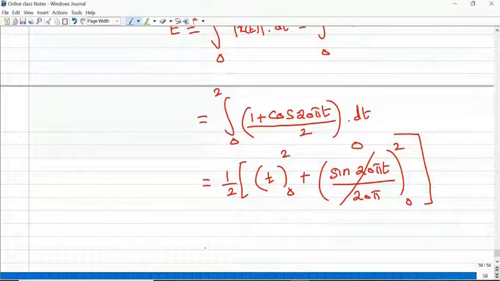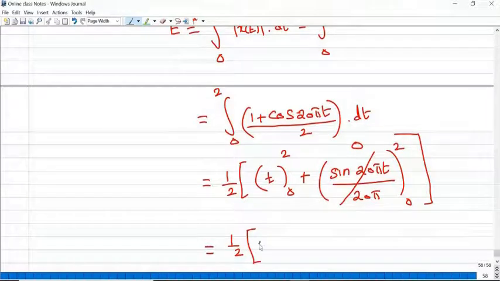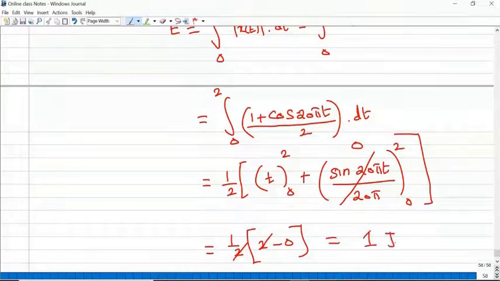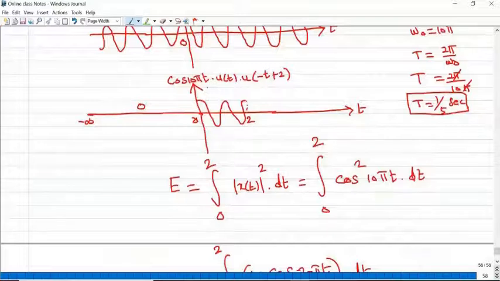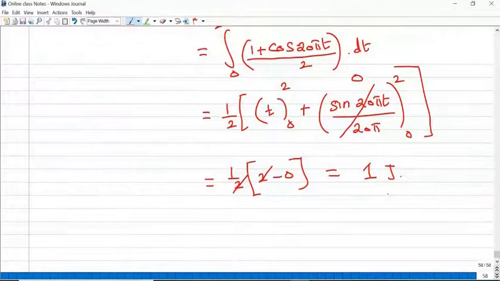So the remaining value is 1 by 2 times t; substitute 2 minus 0. The 2s cancel and we get 1. So the energy of the given signal cos 10 pi t times u of t times u of minus t plus 2 is 1 joule.